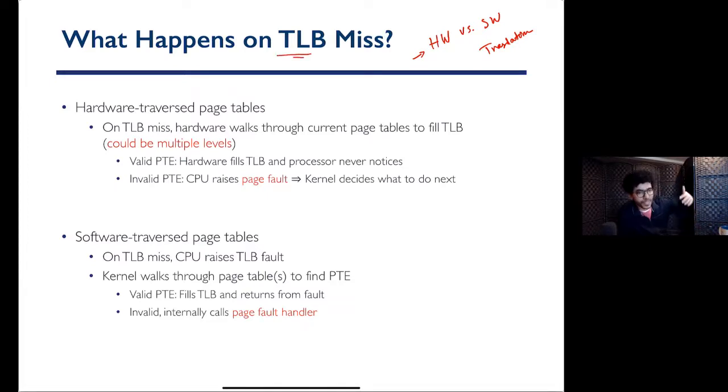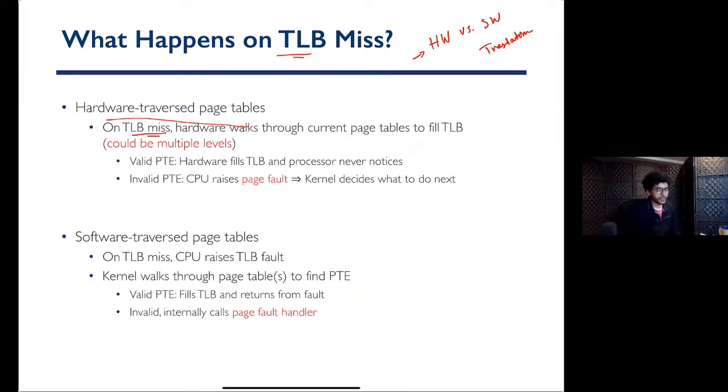So now if you miss in your TLB, if you cannot find the cached data in your TLB, then you have to go to whoever is responsible for the translations to get your translation. If you are implementing translation in hardware, so if you have hardware-traversed page tables, then a TLB miss is going to result in a page table walk, where your hardware goes through the page tables to find the translation.